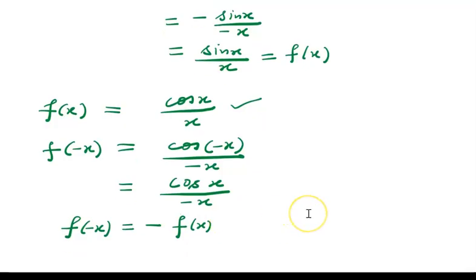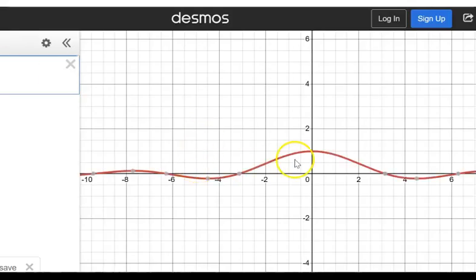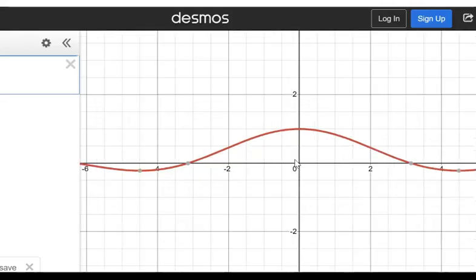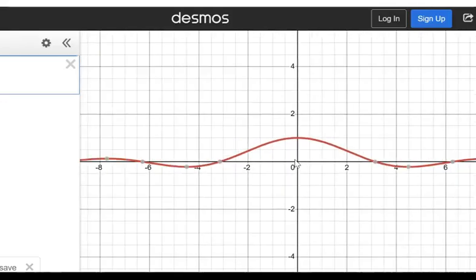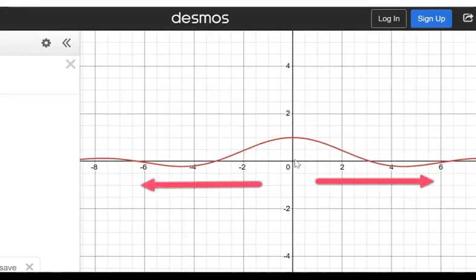We can see this geometrically. So here let us see how the graph looks. Y equal to sine x upon x looks like this. So you can see that this is the positive x-axis, right? And this is your negative x-axis.